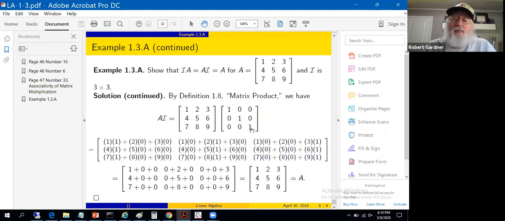First row, third column, picks off the 3, you lose the other stuff. You get 1, 2, 3 in that first row. First, second, and third column, and similarly for the rest of it. So this should convince you that, yeah, the identity matrix behaves the way it should. And I like 0. Zeros really made all of this quite streamlined in the computations.